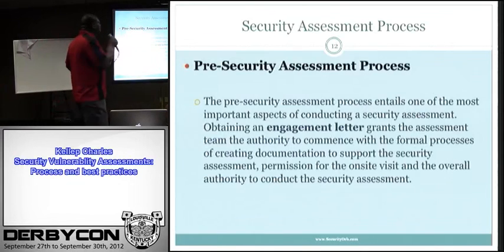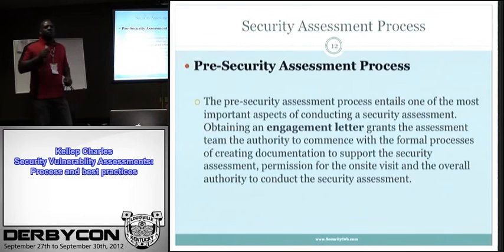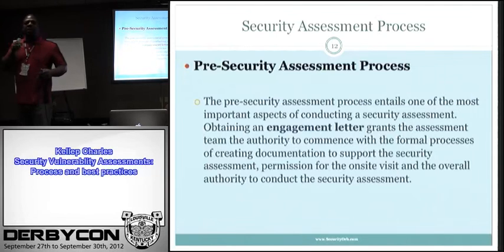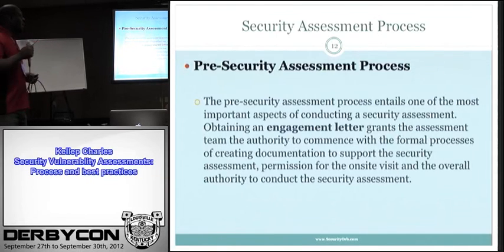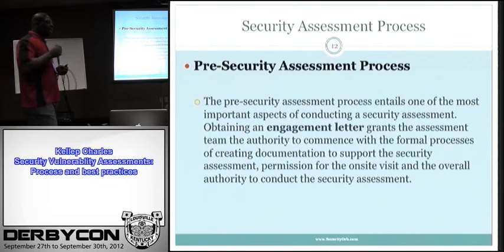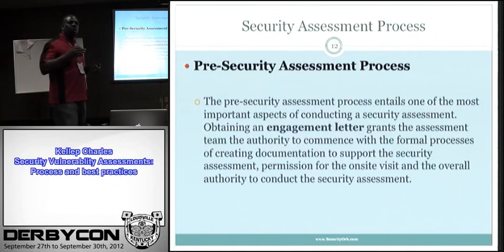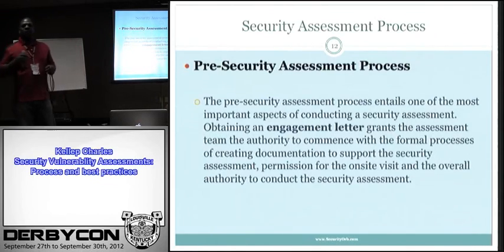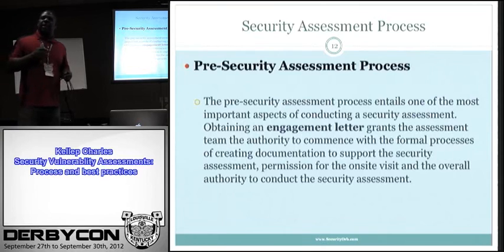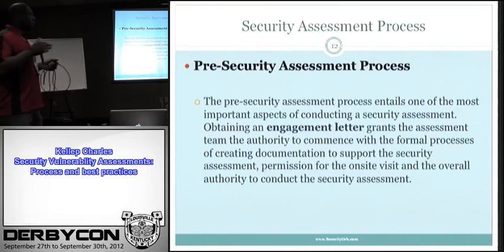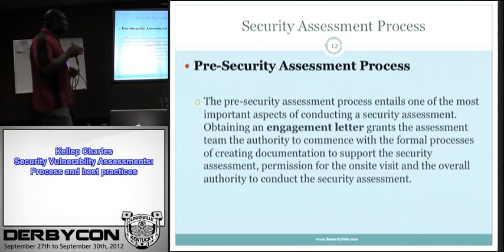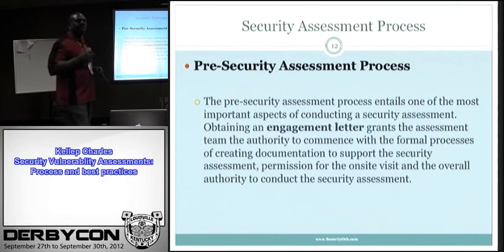The pre-security assessment is one of the most important parts. This is where you contact the site that you're going to visit or conduct a security assessment on. This is where, for example, a letter from the CIO or the COTAR gives you the approval to go to the site, connect to their network, and make any changes that need to be made.